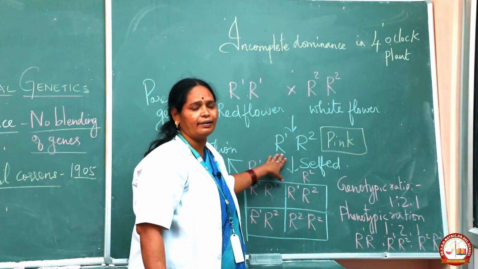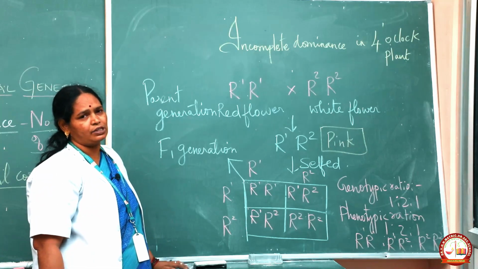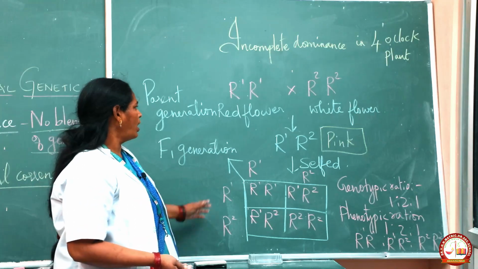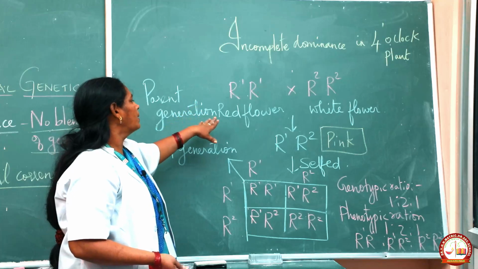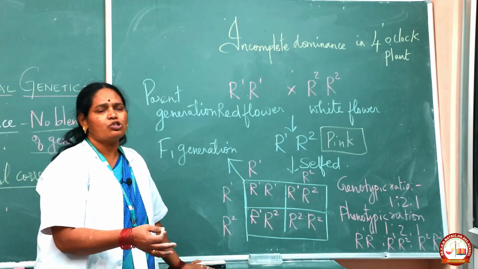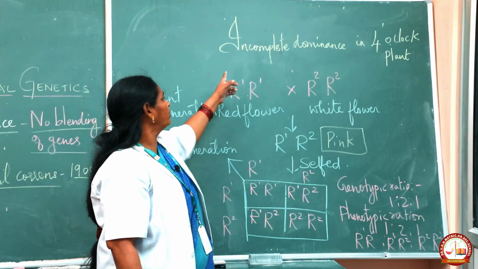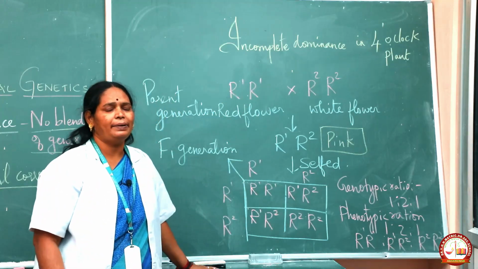It is pink color. So no blending of genes occurs here. The heterozygote does not possess either parent's color; the dominant parent's color is absent in the F1 generation. Thus we name it incomplete dominance.